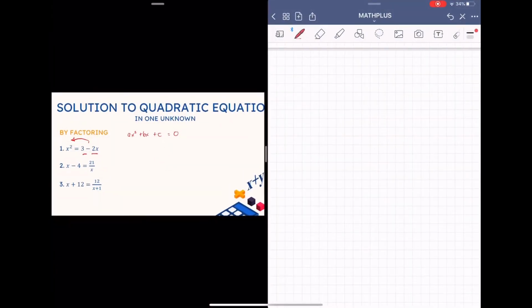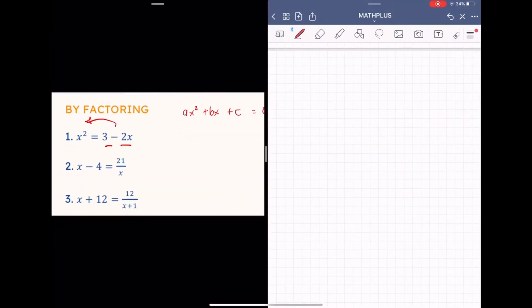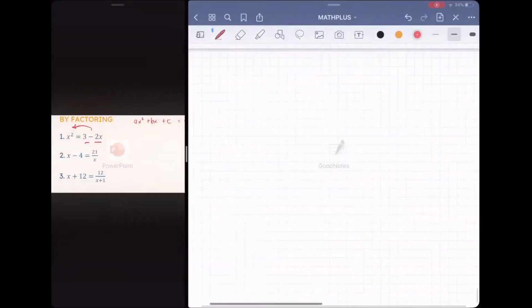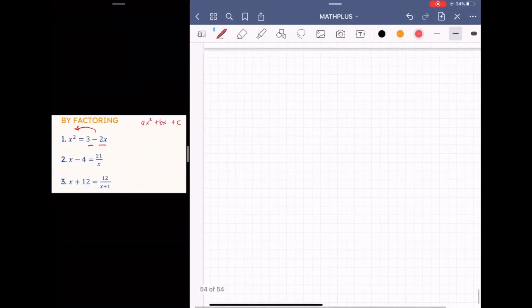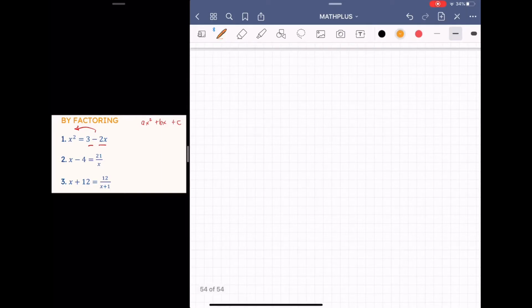It's easier to do it in our notes instead of in the PowerPoint. Okay, so let's write here quadratic equations. And our first solution to quadratic equations is to solve them by factoring.